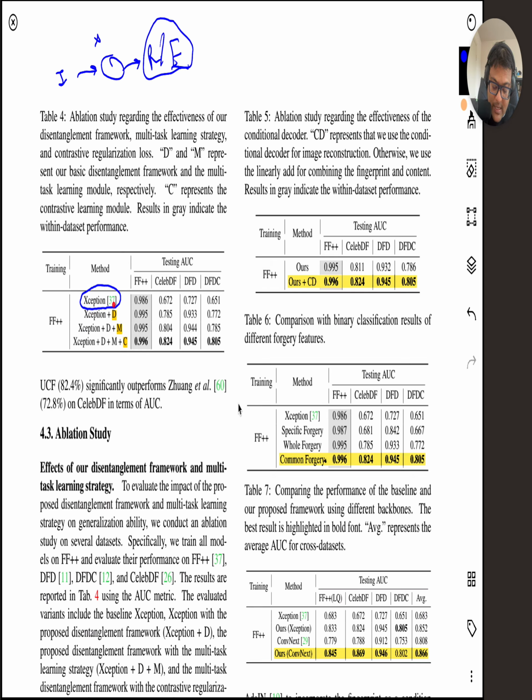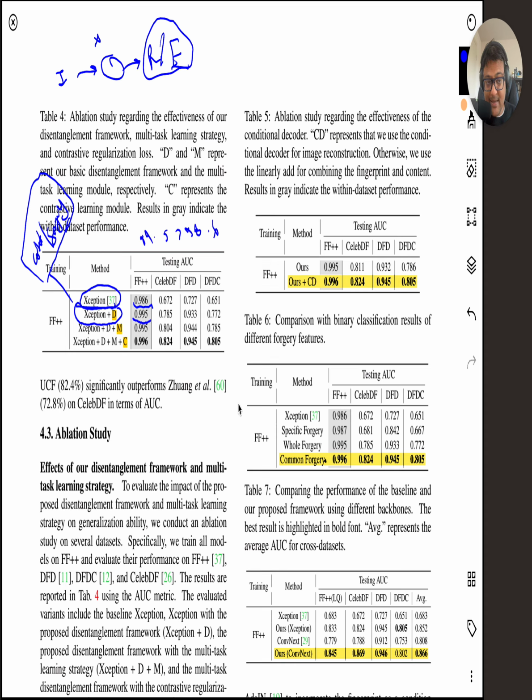If you just look at this type of Xception architecture, it only gets 98.6. A better way is to disentangle the content and forgery features together, and once you do that, what you obtain is 99.5. So 99.5 here is better than 98.6.